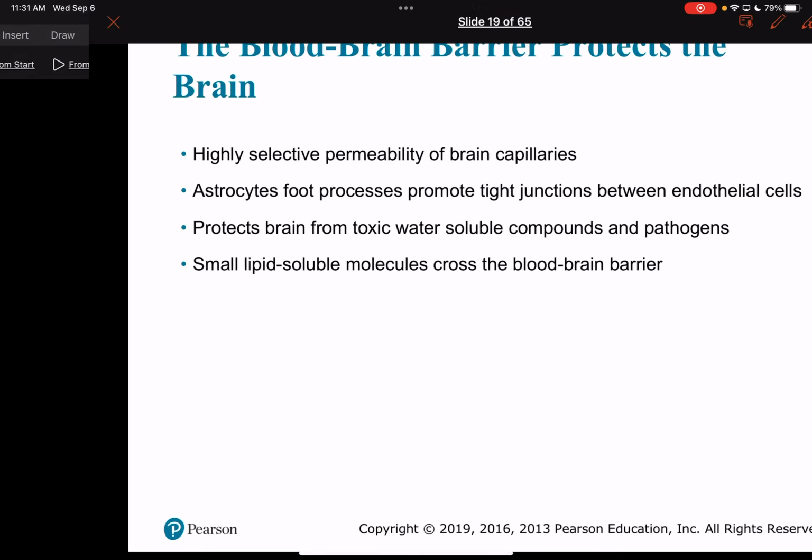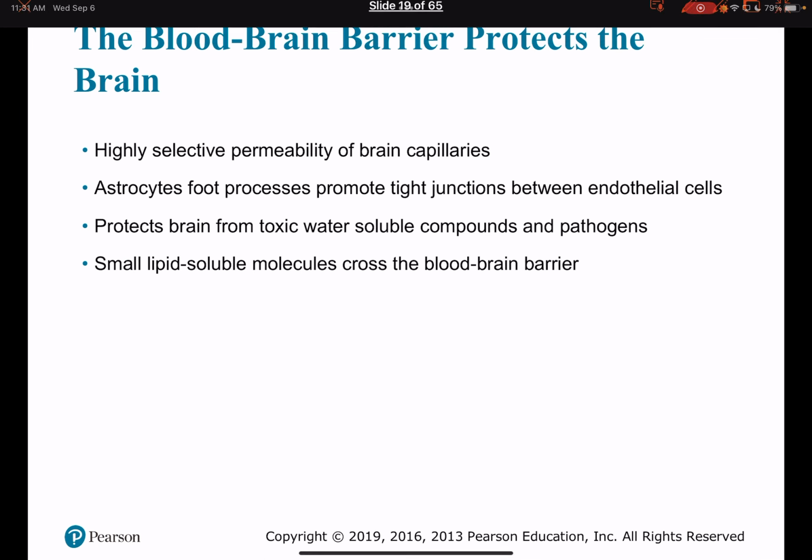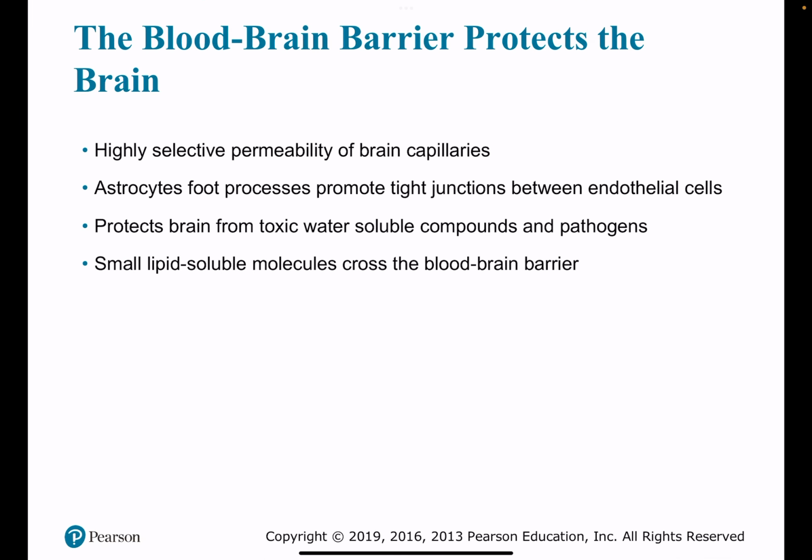All right, blood-brain barrier. Super important to protect what gets into our brain. So the astrocytes are the cells that are going to create a very tight barrier. This is your blood-brain barrier to control what's going to get into our brain, our cerebrospinal fluid, or other areas.